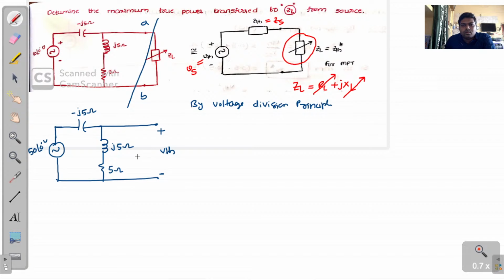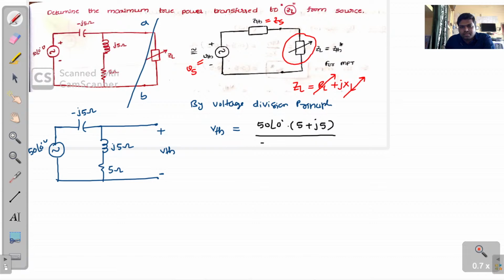So across this entire element we need to evaluate V Thevenin. So V Thevenin equals the voltage source value, that is 50 angle 0 degrees, multiplied by this impedance value, that is 5 plus j5, divided by the total impedance.